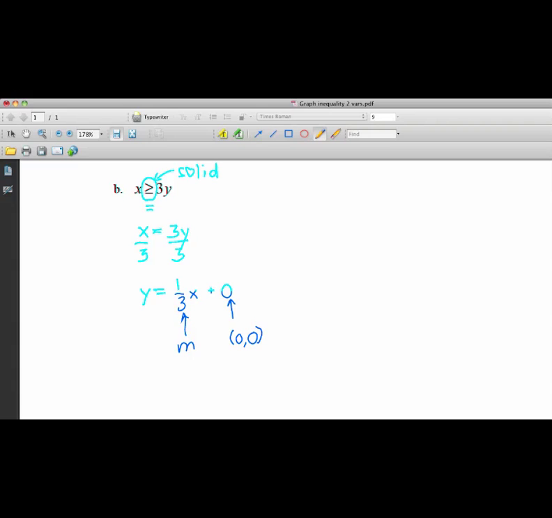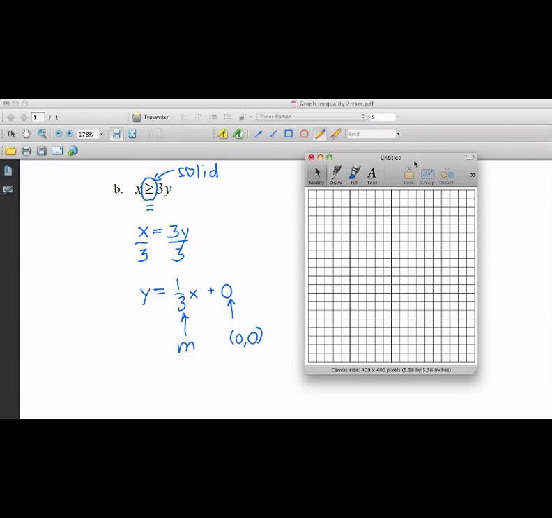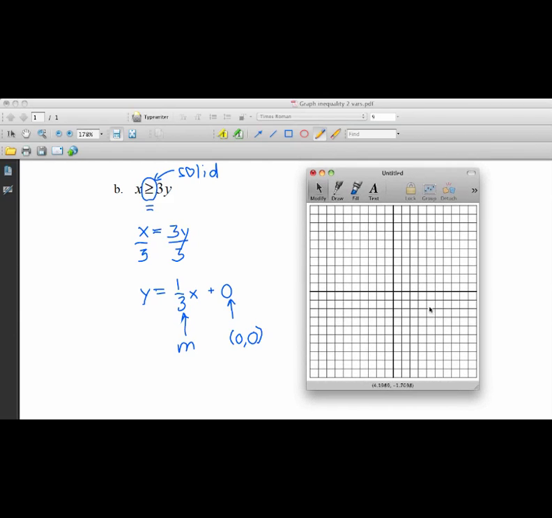So at this point, I am ready to bring my graph back over, and start to draw, this time with a solid line, a line that passes through the origin and has a slope of positive 1/3, which means I'm going right 3 and up 1 every time I draw a point.